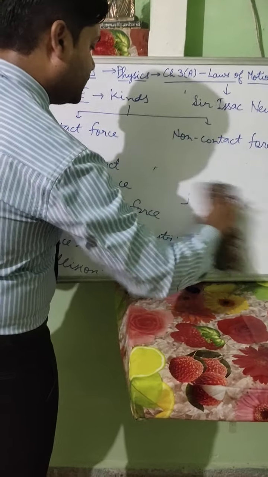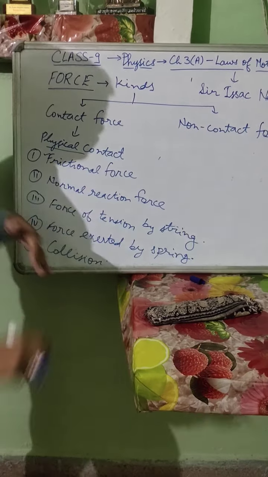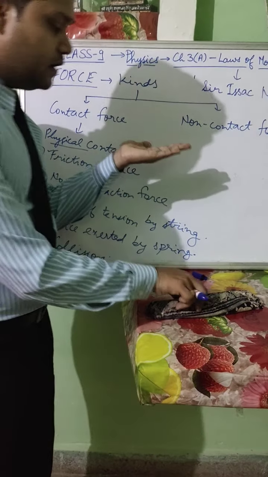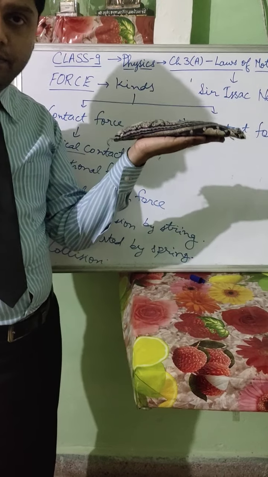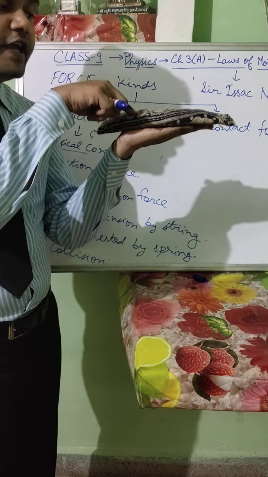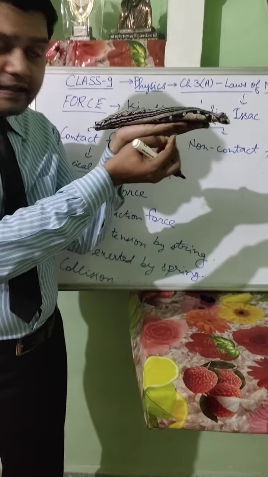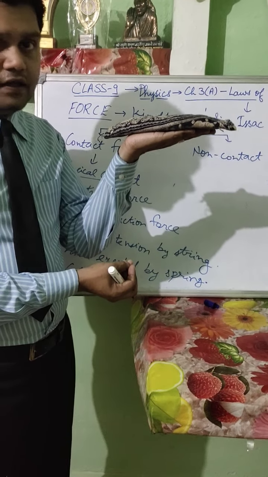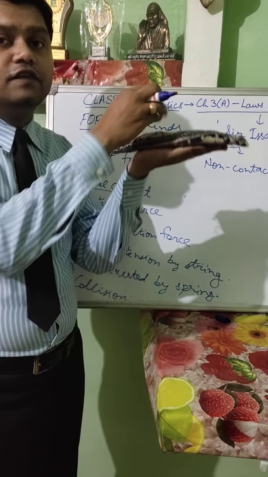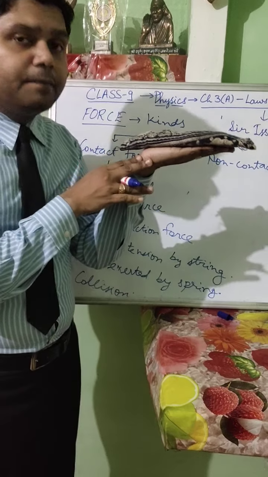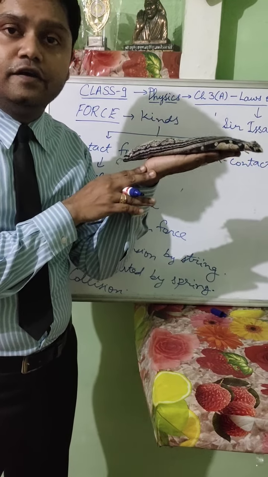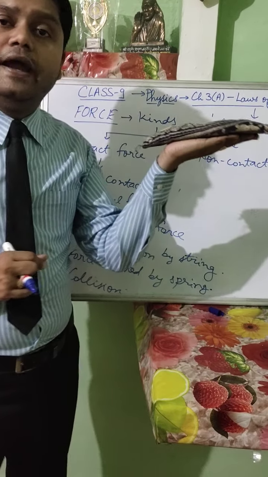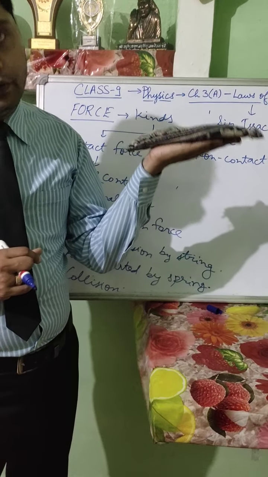Second one is normal reaction force. This is my palm. I have kept this piece of duster on the palm. So the weight of the duster is lying downwards. Is it? Weight of duster is lying downwards, but my hand is providing some necessary important force in order to maintain the duster at the same position.